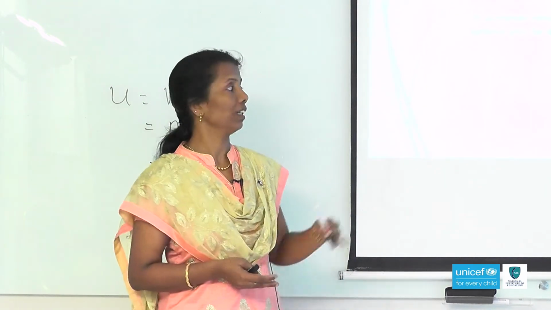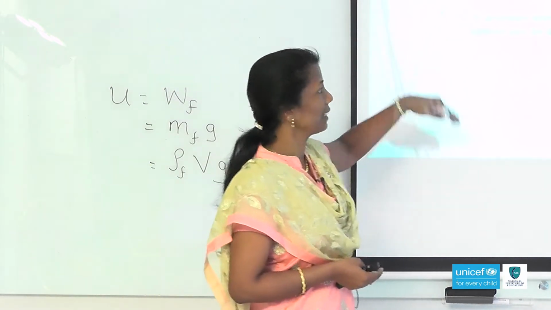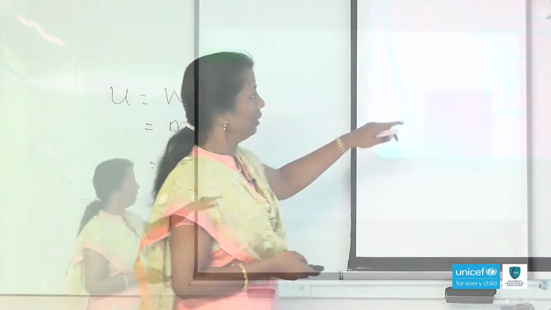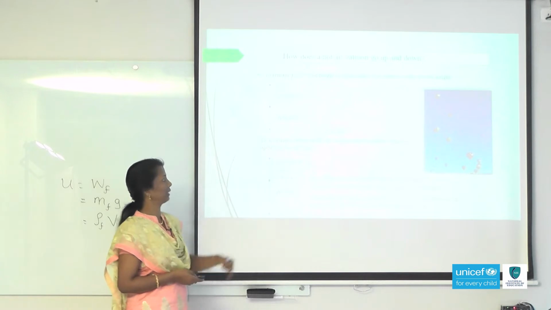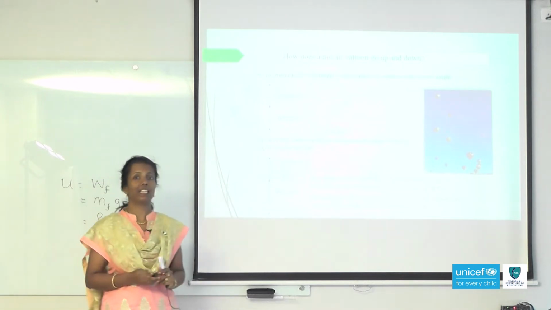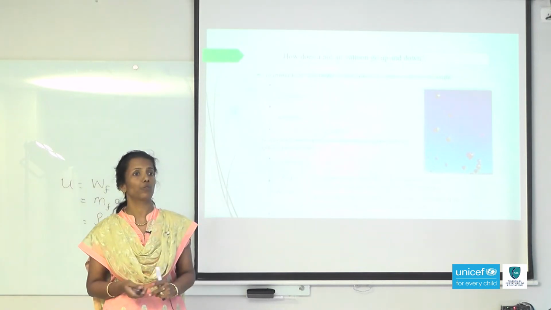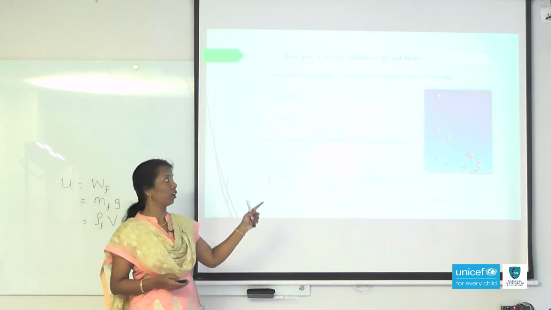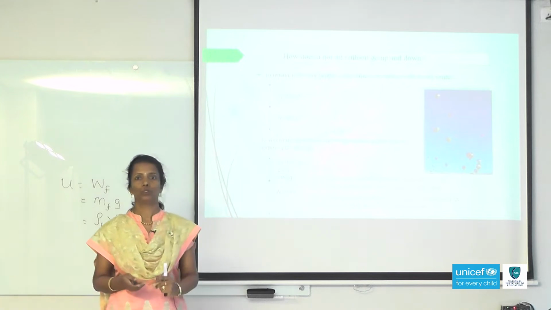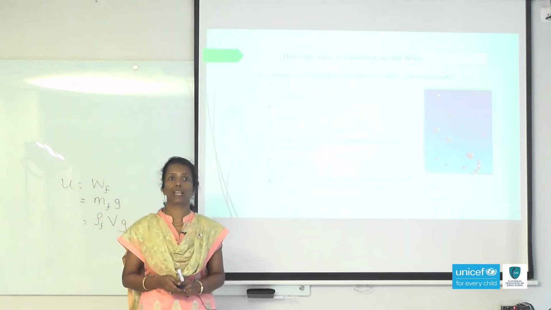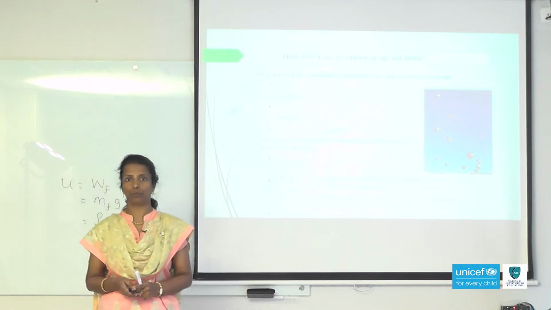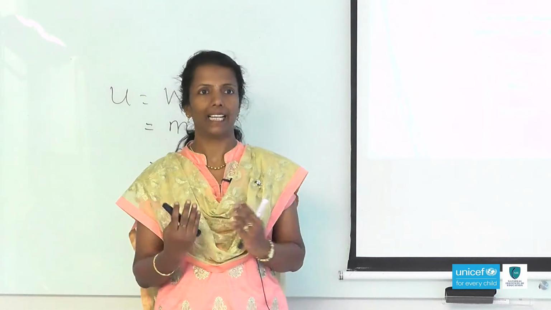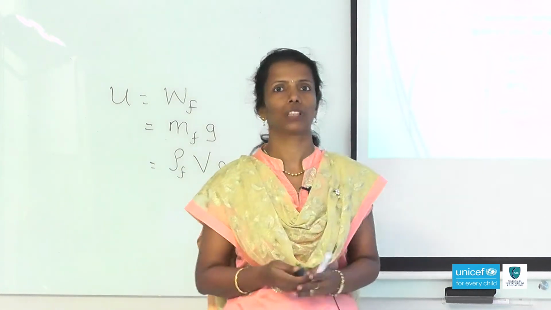But if the hot air balloon is descending downwards, it is clear that the upthrust plus viscous drag and the weight are not balanced, and the downward force is greater than the upward force. Now, it is very clear that if the hot air balloon is rising up, the total upward force would be greater than the downward force for it to move up. So, the magnitude of these forces changes according to the motion of the object.